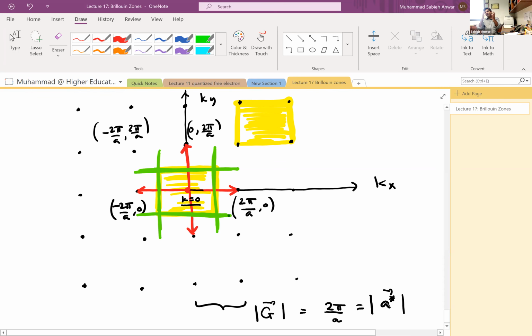Now the area bounded by these bisectors is called the first Brillouin zone.